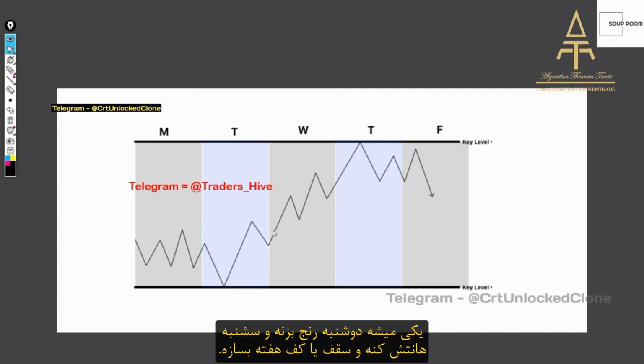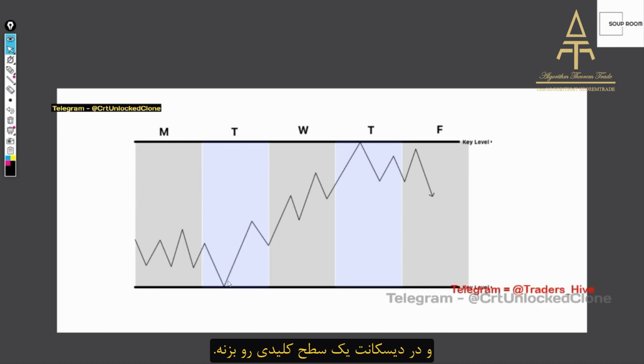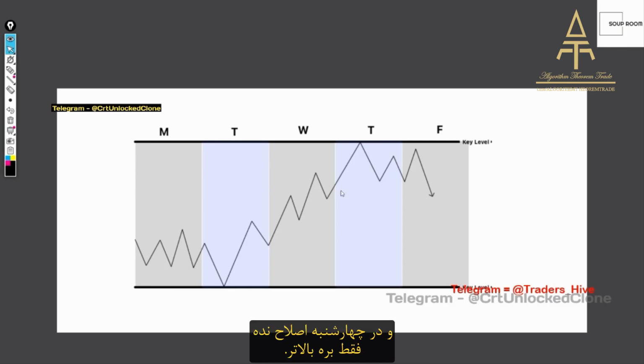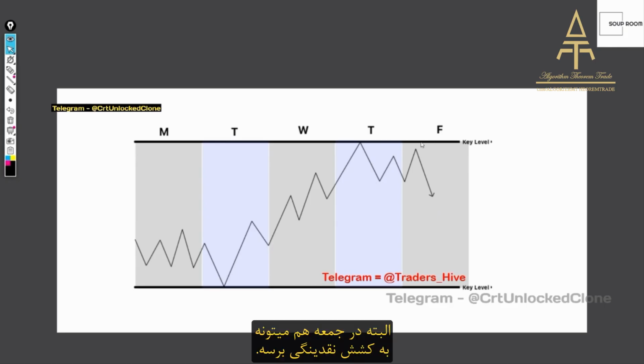One of which being Monday range, Tuesday taking out the low or high of week, hitting a key level likely in a discount market, then expanding higher on Wednesday, no retracement on Wednesday, only an expansion profile, no protraction retracement profile, Thursday expanding, tapping into the highs, and Friday retracing. Of course, Friday can also be the draw on liquidity.